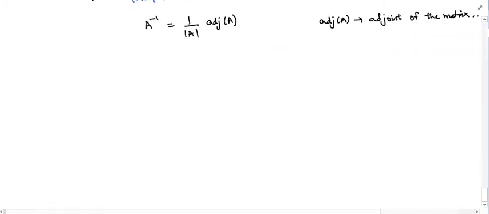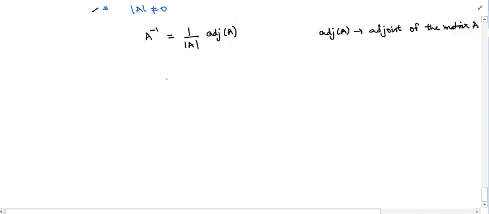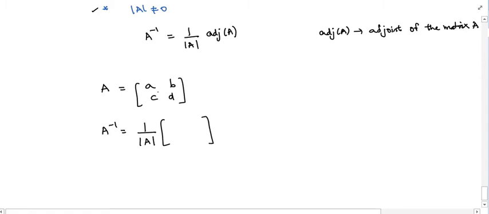Now, coming to the general 2 by 2 matrix. Suppose A is a general 2 by 2 matrix with the elements a, b, c and d. Then its inverse is given by, and you can remember it very easily, 1 over the determinant of A, and then interchange the position of the principal diagonal elements: a and d become d and a.